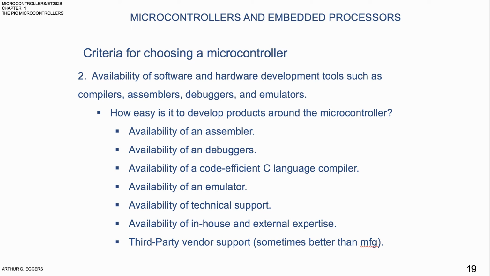So in looking at the criteria for choosing a microcontroller, the first and foremost criterion in choosing the controller is that it must meet the task at hand efficiently and effectively. Okay, so as we look at each of these, we have to keep these other criteria in mind.